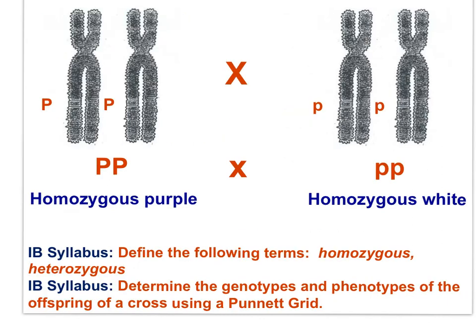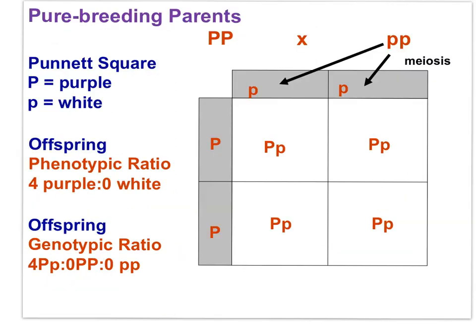So with alleles in mind and the locus for flower color located here on the chromosome, let's take a look at what Mendel did. He crossed pure breeding purple flower plants, in other words, homozygous purple, with pure breeding white flower plants, homozygous white. So here's the cross.